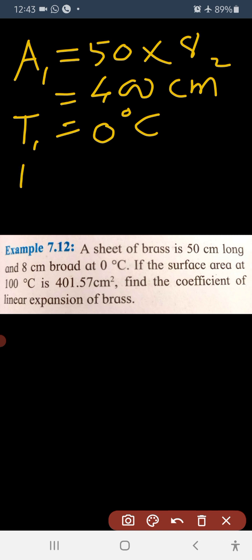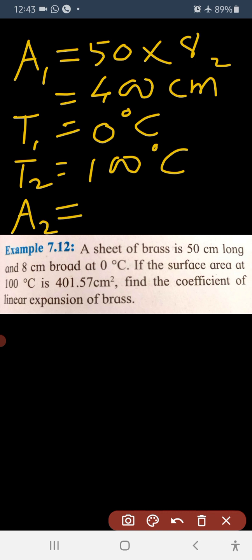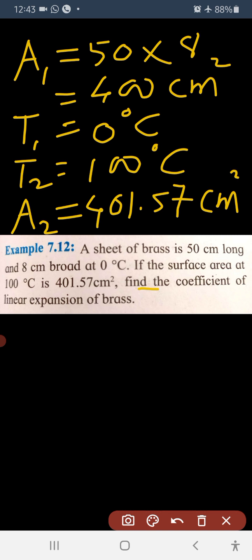So final temperature is also given here, T2 is equal to 100 degree centigrade and the final surface area at that temperature is 401.57 centimeter square. So these are the given values. Then what is asked to find? Find the coefficient of linear expansion, means alpha.